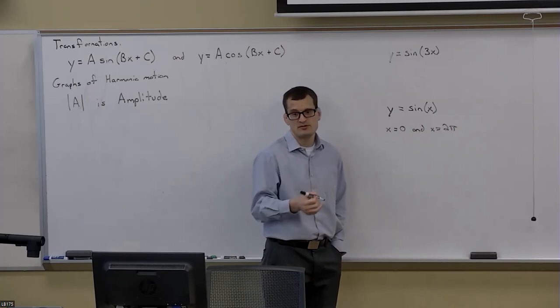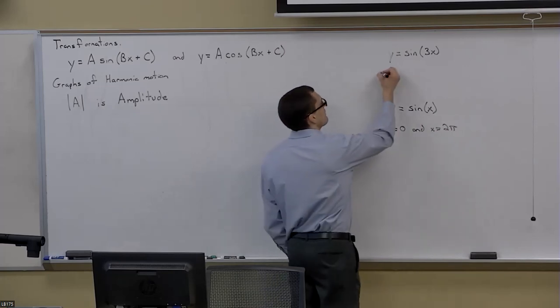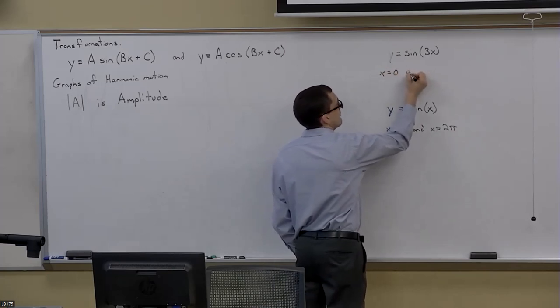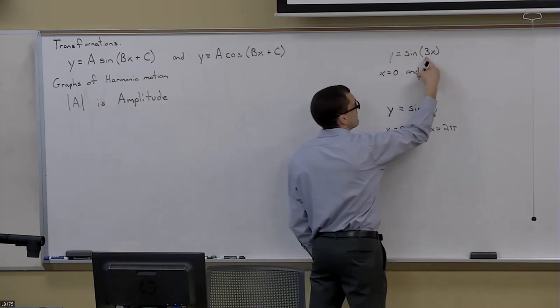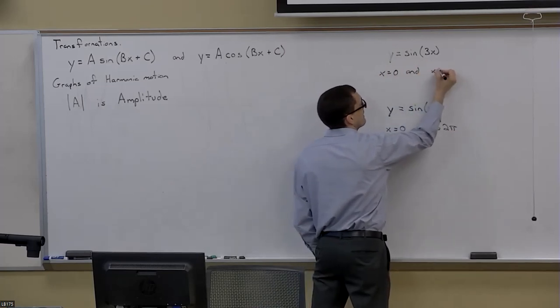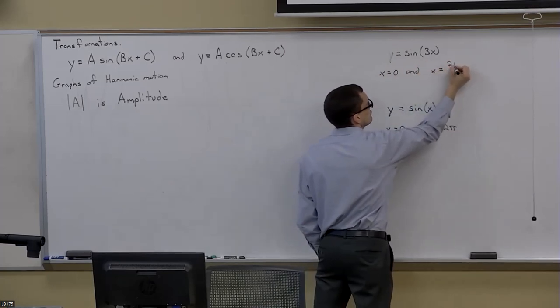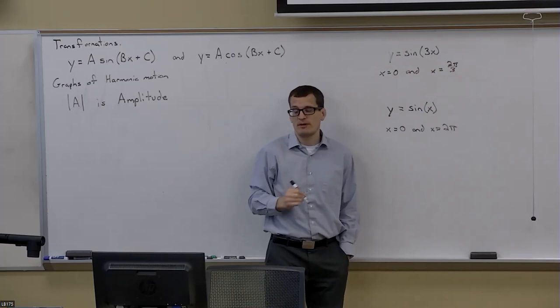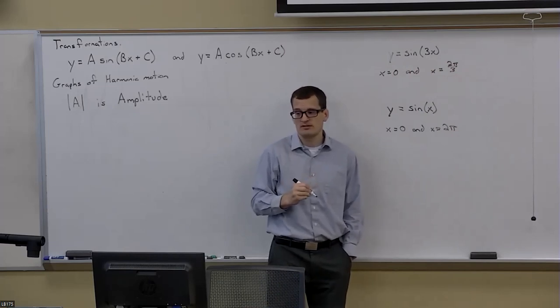Because we have a period of 2 pi. Well, now, notice that when x is equal to 0, if I have a 3 in front of that, then x equals 2 pi over 3. Those are going to have the same output. Does that make sense?